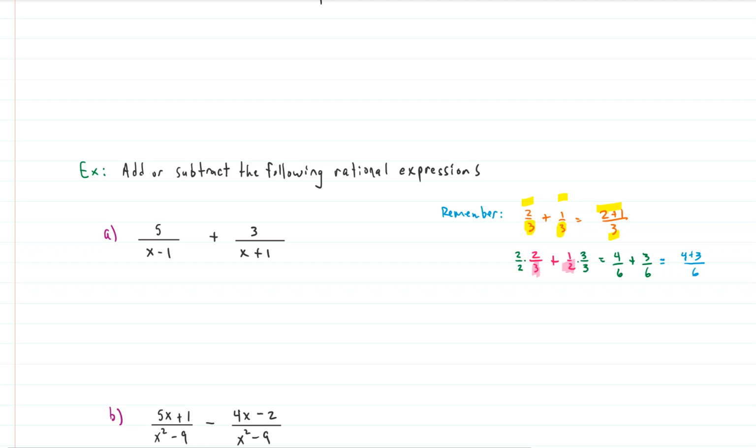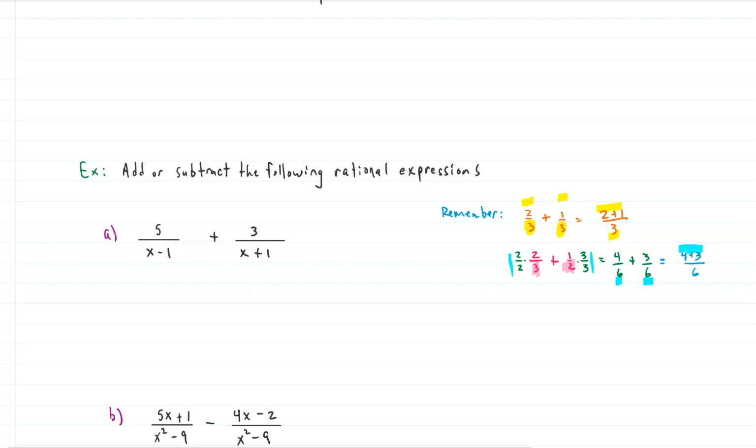So we can multiply the 2/3 by 2 over 2 and the 1/2 by 3 over 3. That gives us 6 in both of the denominators, and now they've got the same denominator, and we can just add the tops. 4 plus 3 is 7, so we get 7 over 6.